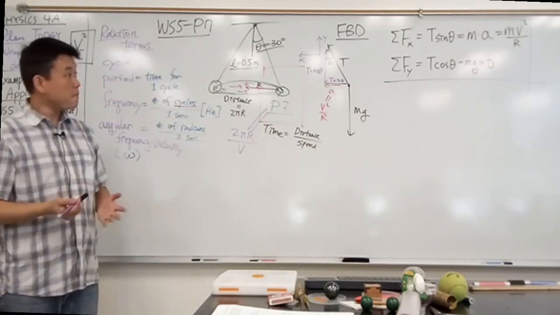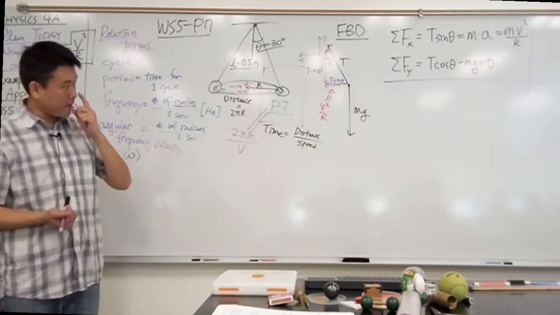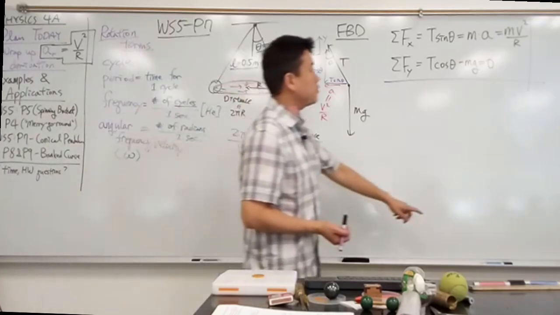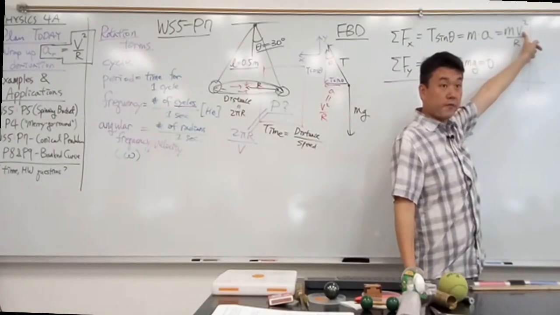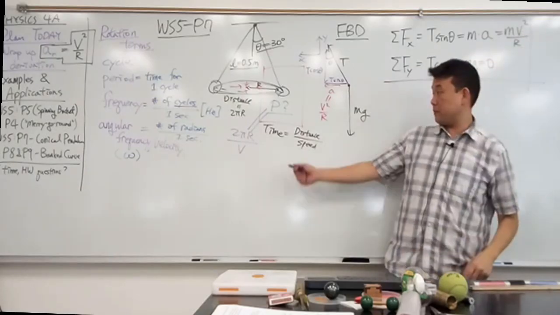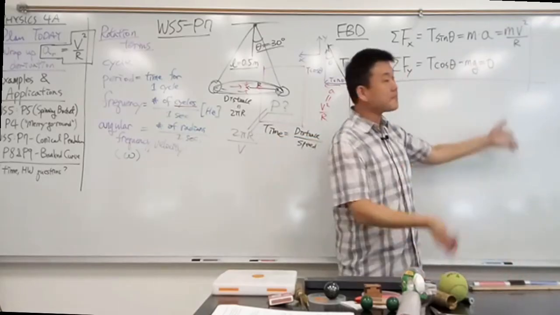Yep. So let's put it this way: I feel like my goal here should be to find the velocity v, because once I find the velocity v, then I can calculate period easily enough. So okay, that's my goal.